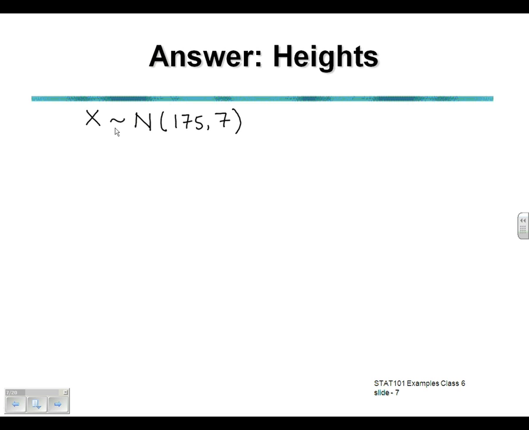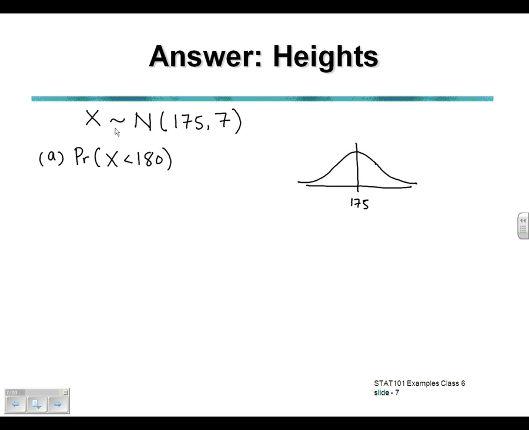It's a good idea for part A here to draw a little picture of the normal distribution and decide what we're trying to find. So our normal distribution, symmetrical distribution with a mean of 175, and we're looking for the proportion of men that are less than 180. So the probability that x is less than 180.